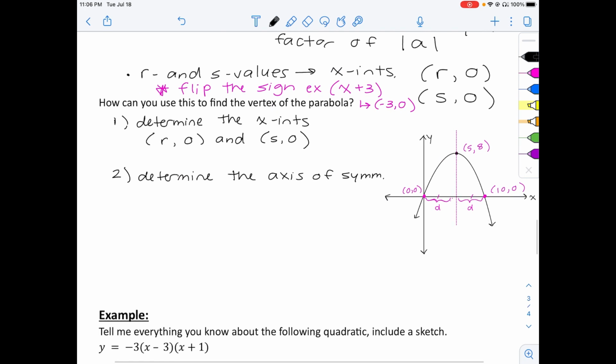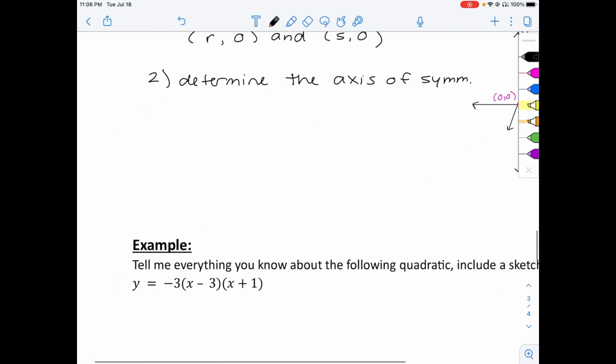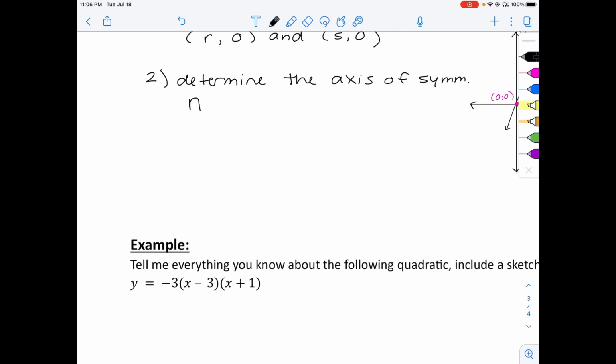The way I express that as an equation, you'll see me write AOS. I'm never going to write axis of symmetry in words because it's too long. AOS is axis of symmetry.